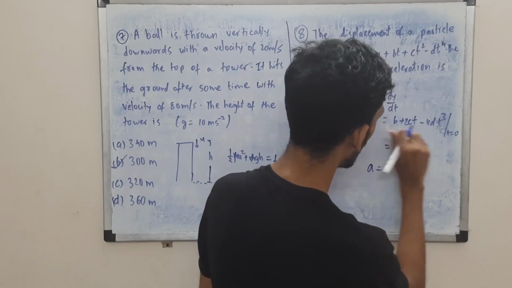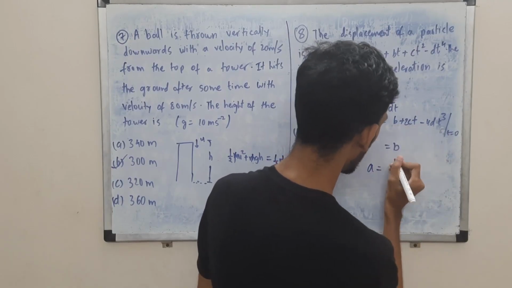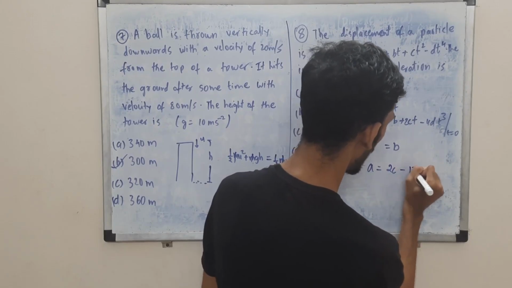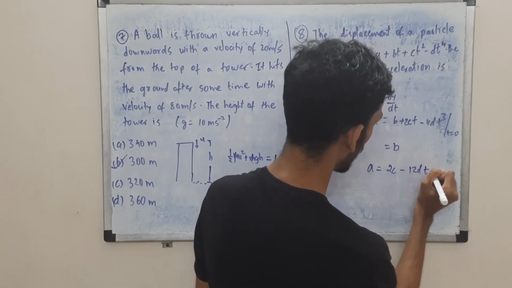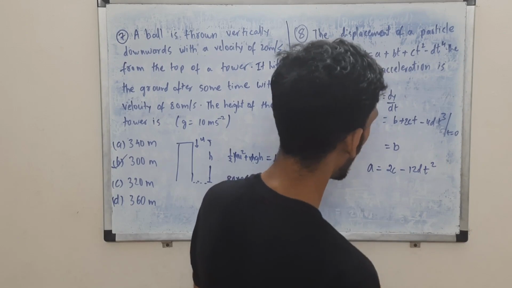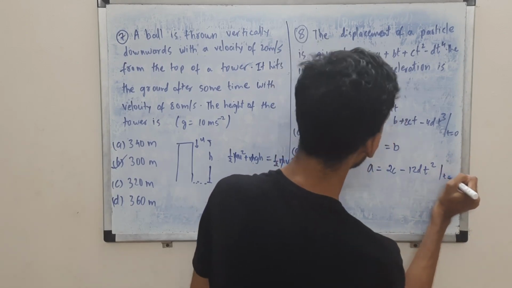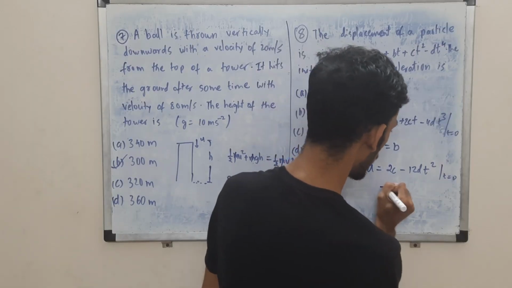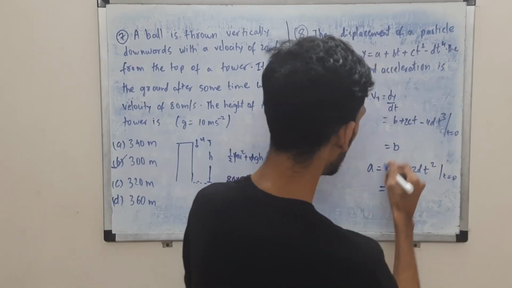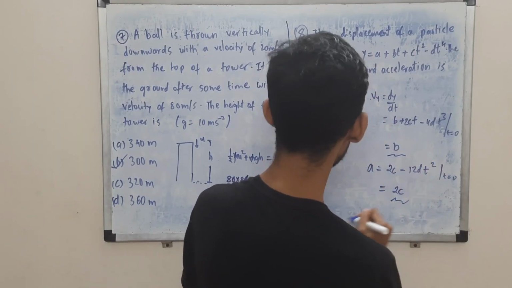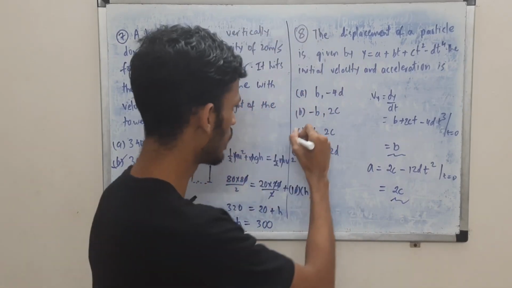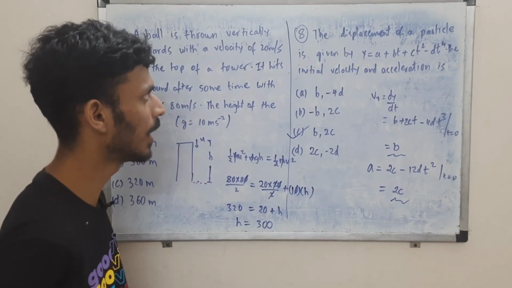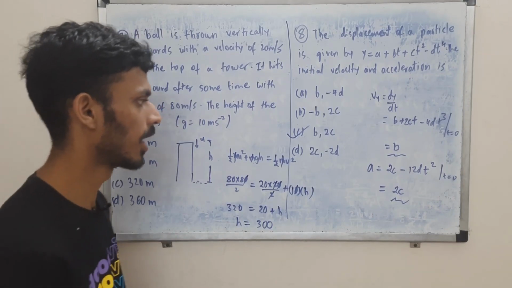You again have to differentiate this. So b will go, 2c, you will get minus 12dt square. Again you put t equal to 0, because it is initial velocity and initial acceleration, so that will give you 2c. So b is your initial velocity, 2c is your initial acceleration, which is option C. B and 2c are your correct choices.